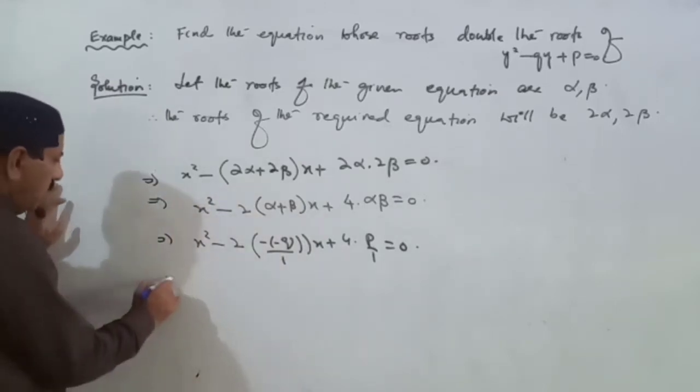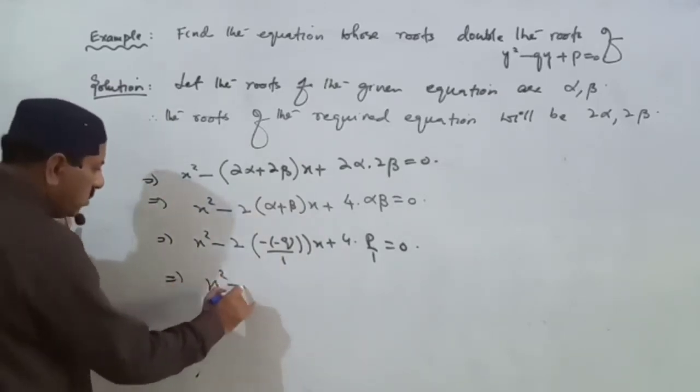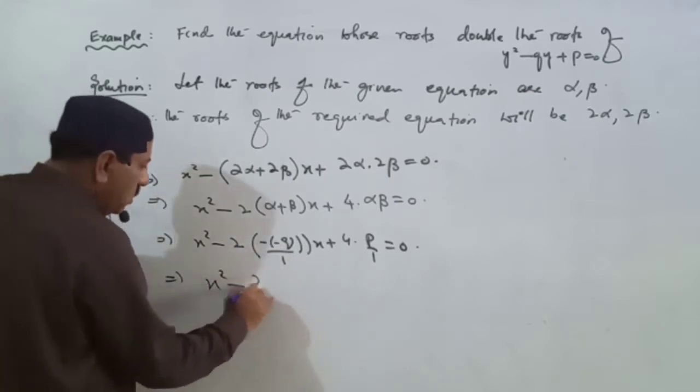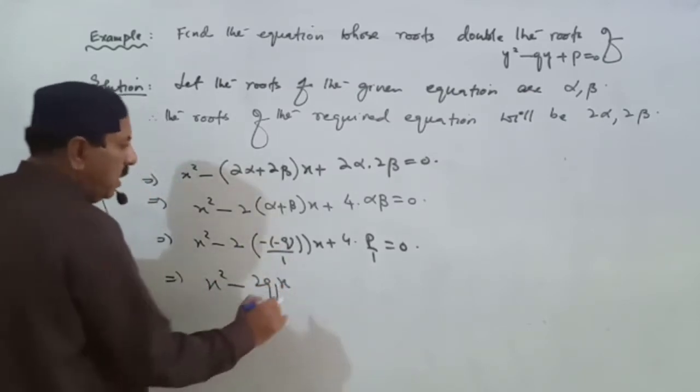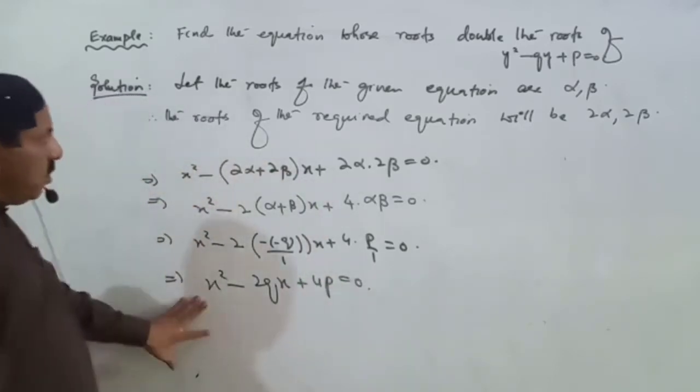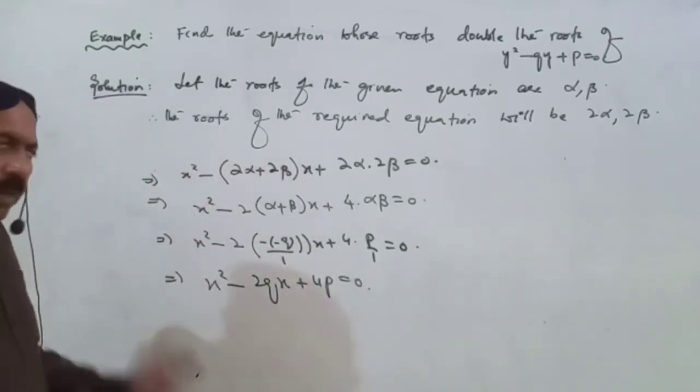So this will be x square minus into minus plus 2qx plus 4p is equal to 0. This is the equation whose roots are double the roots of the given equation.